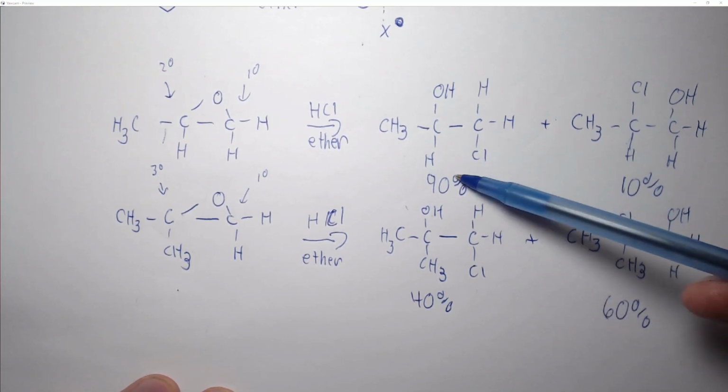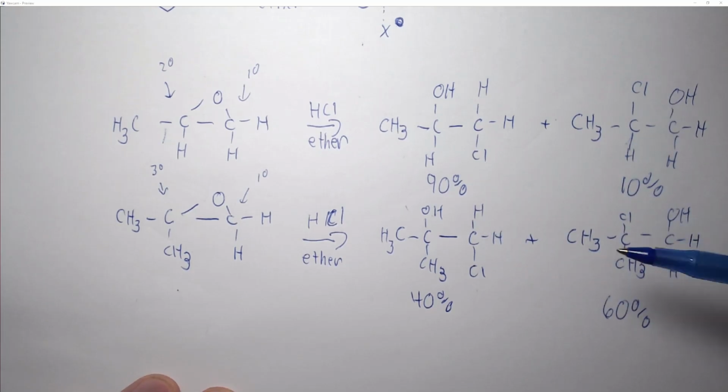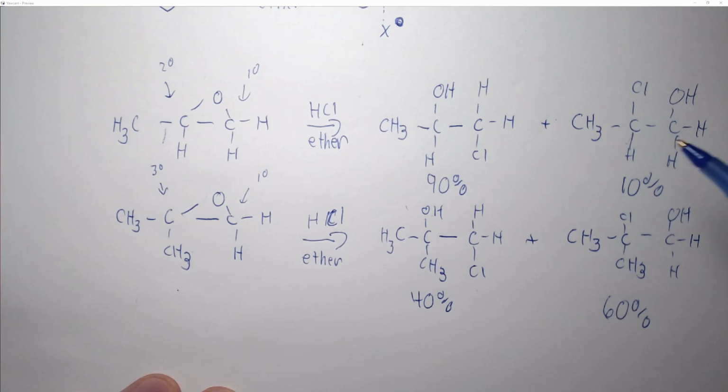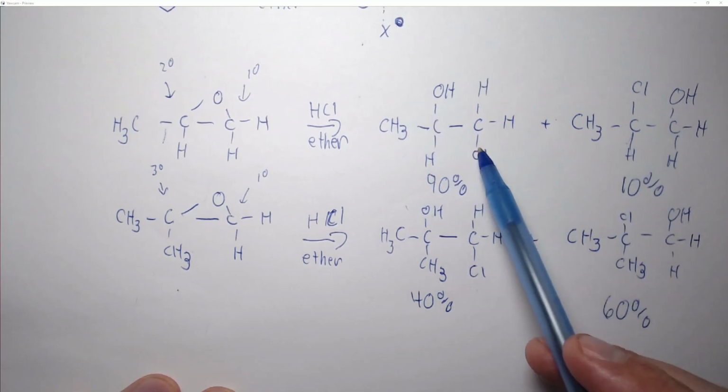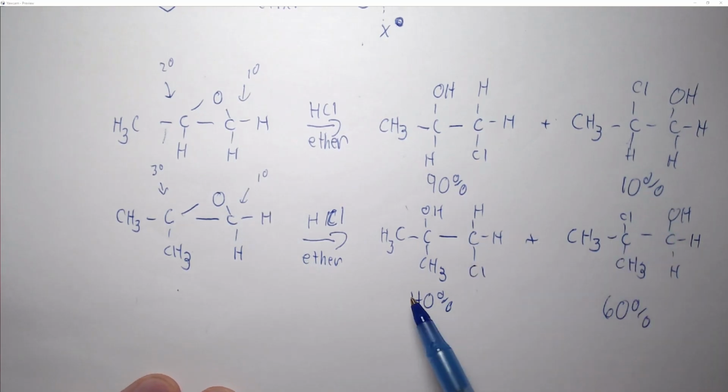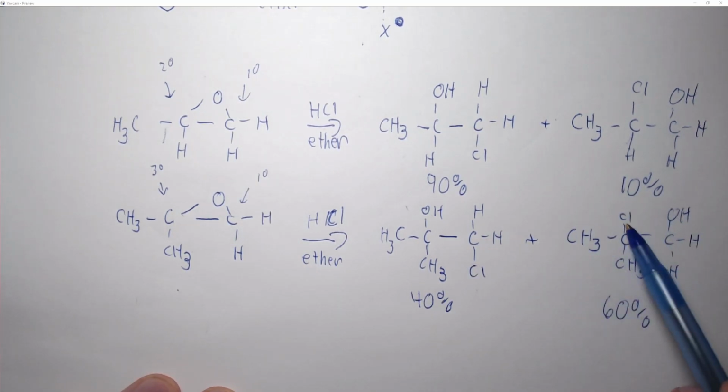Now, it's not quite as clean as 90-10, but at the same time, you notice we get the opposite effect. So here we overwhelmingly had the chlorine attack the primary carbon. But here we actually had a slight majority of the chlorine attacking the tertiary carbon.